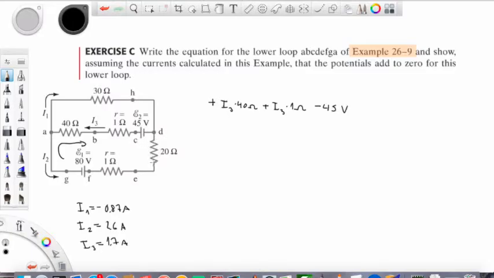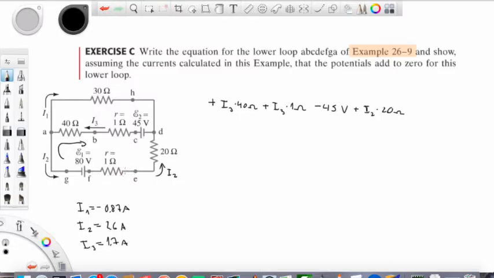Now we are at point D. What's the current through this resistor? It's I2 going all the way, so the same I2 is here. We're going against the current again, so we add voltage: I2 times 20 ohms. Then we come to point E, and again we go against the current.